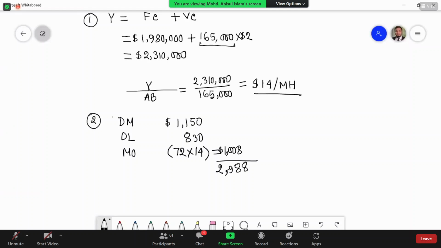One thing I would like to share: do not misunderstand this short notation for direct materials, direct labor, manufacturing overhead. If you're not attending the class, you might wonder why I am writing these abbreviations here.